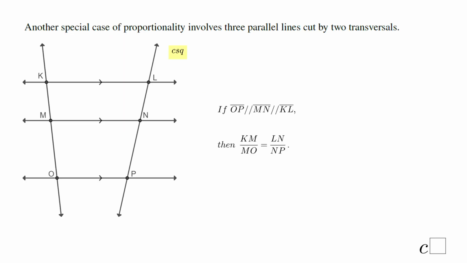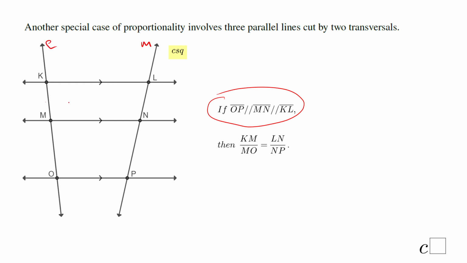Okay, another special case of proportionality involves, like I said here, 3 parallel lines. We see that in the picture. KL, MN, and OP, we see that here are parallel lines cut by 2 transversals. Obviously you see them, the transversals here. This is, let's say, L and M, right?